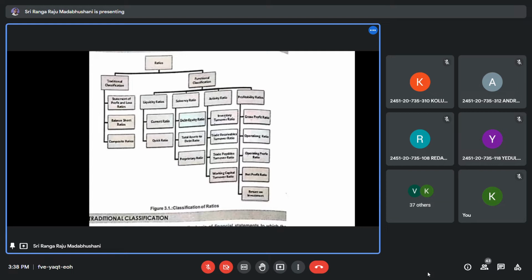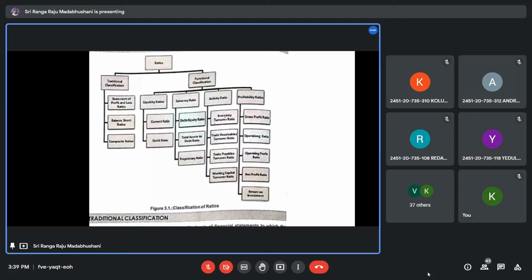For that, you have to interpret that information and data. That is the relationship between two variables. By taking that result, you interpret it and decide the course of future action. So that is ratio analysis.